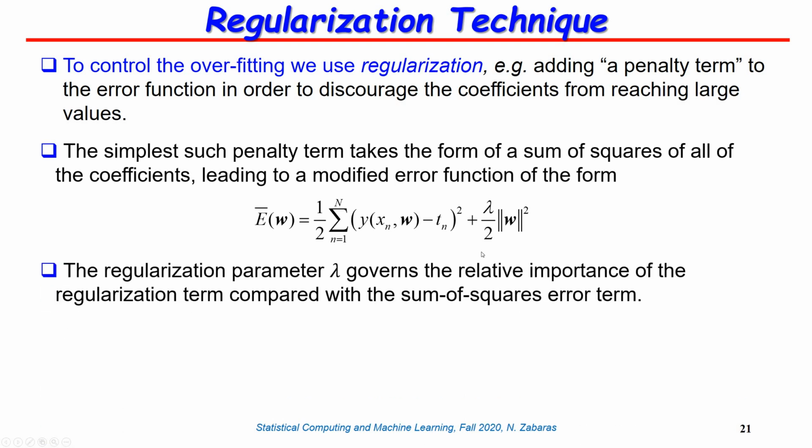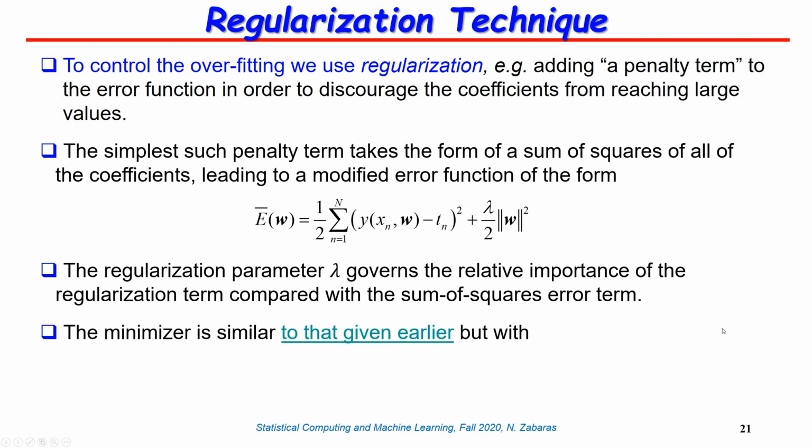So if you minimize this new objective function with regularization for our regression function that had this x to the power j type of terms, what you actually get is a similar system of equations as with least squares, but notice now that the matrix A has in the diagonal an additional element, lambda, which is our regularization parameter.